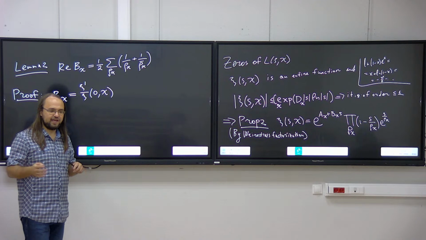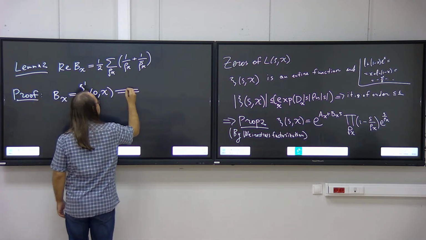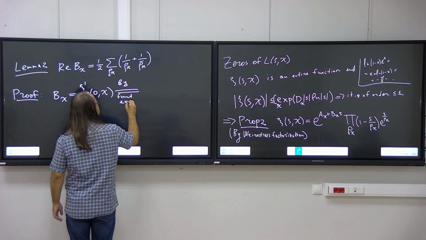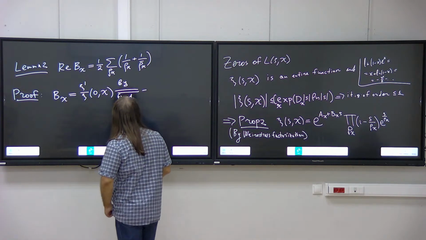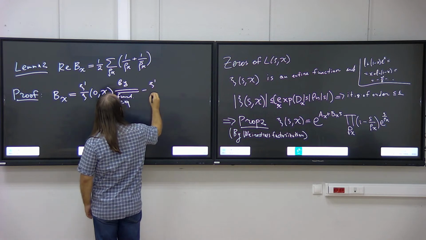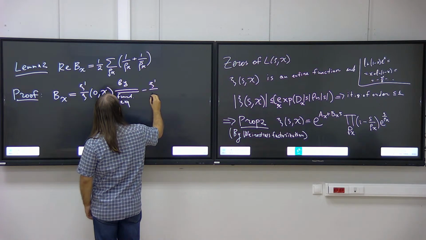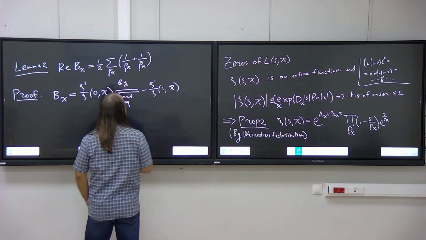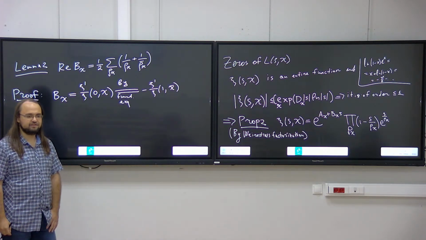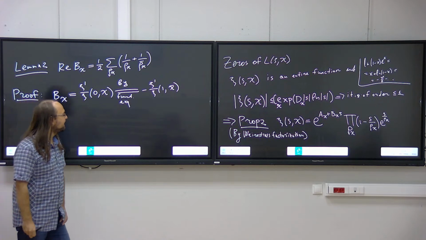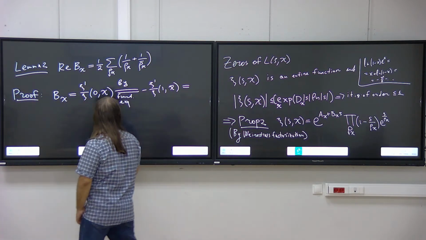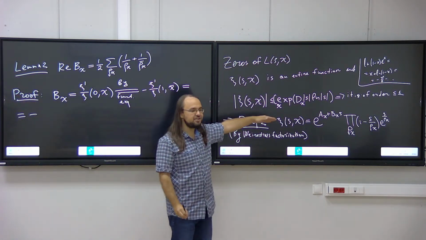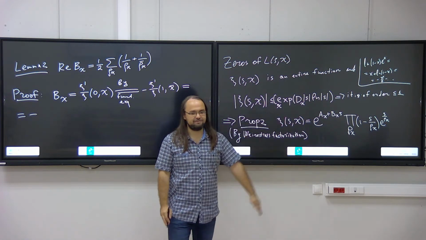And due to the functional equation, this is equal to minus xi prime over xi of 1 minus s, chi bar. Okay? And this is equal to what?